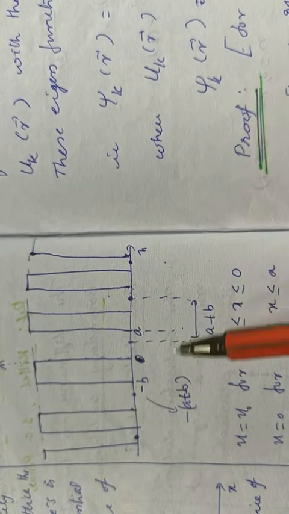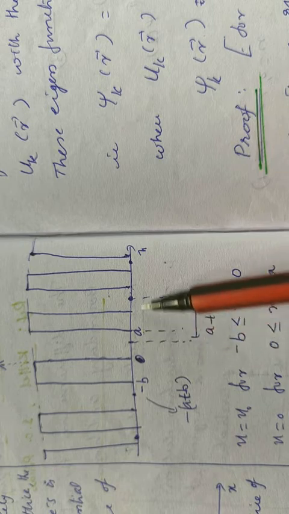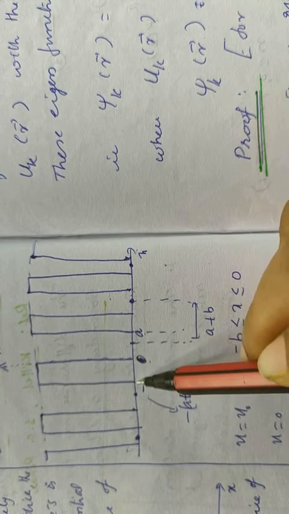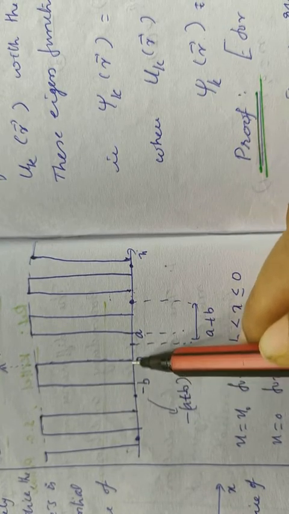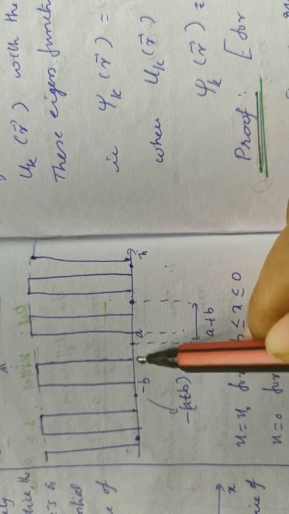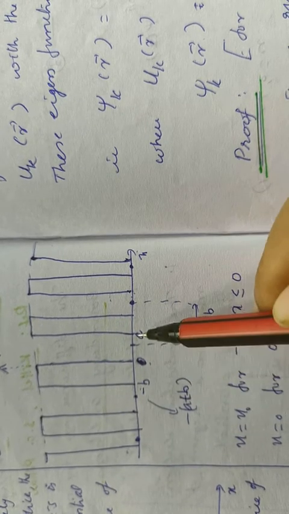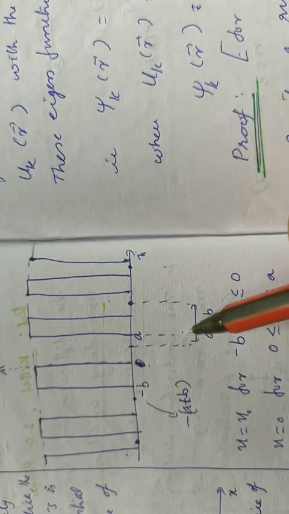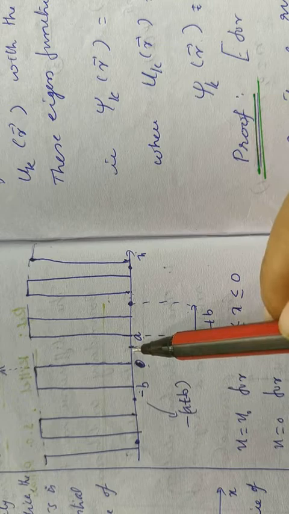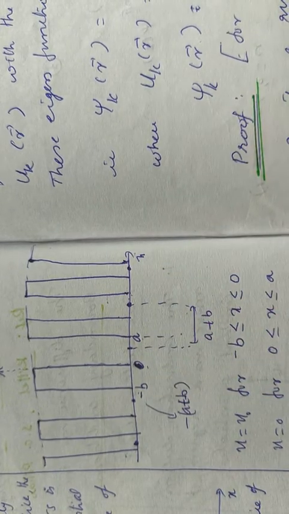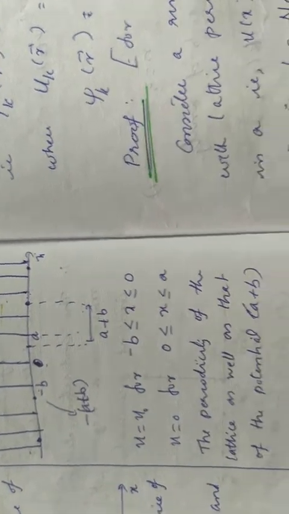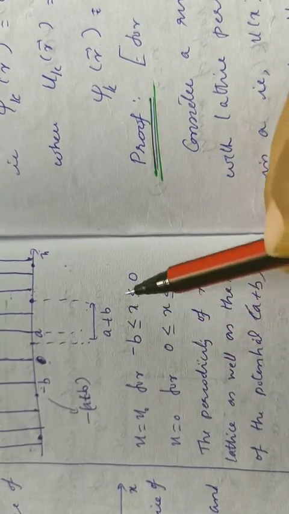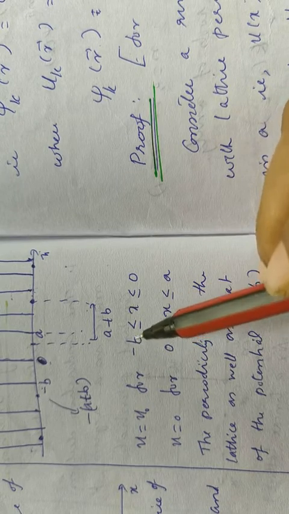Okay, so we have drawn here the periodic lattice. We have drawn here the width of this potential as, this is 0 and this is minus b and this is a, etc. So this distance will be a plus b and this distance is a minus b. Now U is equal to u0 for x between minus b and 0.